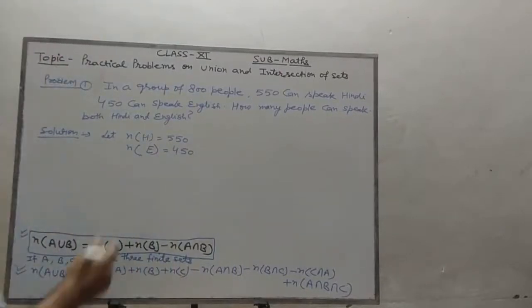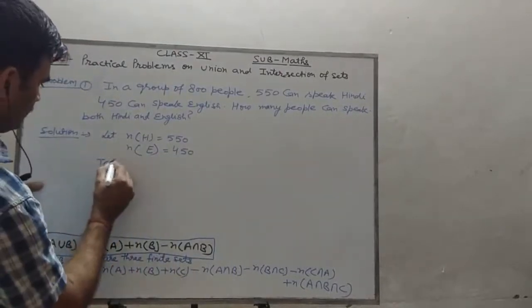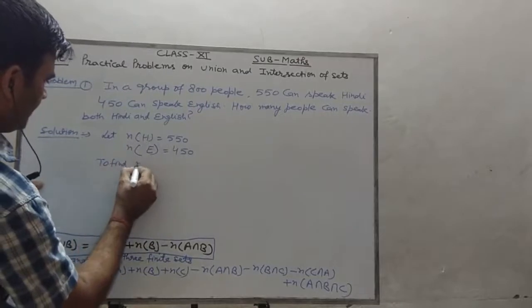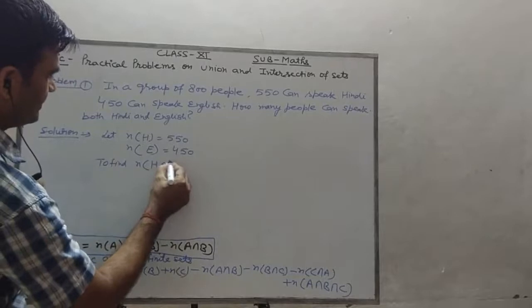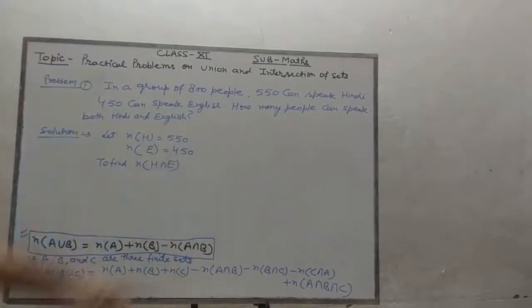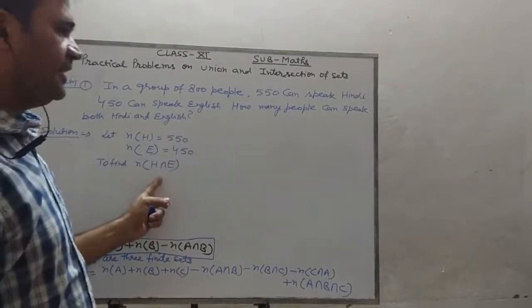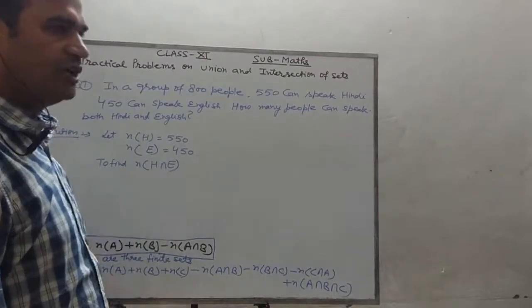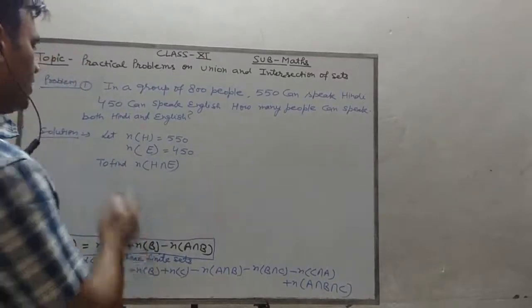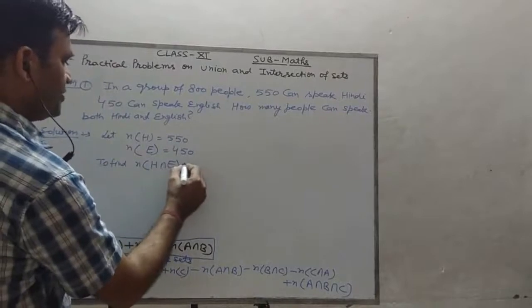What we want to find? To find number of people who can speak Hindi and English, both Hindi and English, and it will be denoted by intersection. So we want to find n of H intersection E.